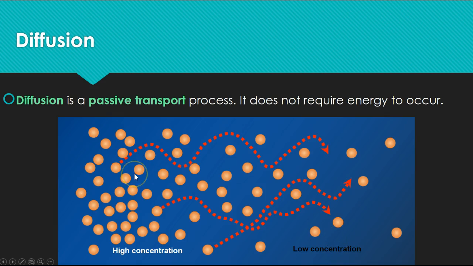In diffusion, these molecules, whatever they are, will move from an area of high concentration to an area of low concentration. Diffusion usually occurs across a partially permeable membrane, which means that only some substances are allowed to move across that membrane, so it can be selective in what it lets out of or into the cell.